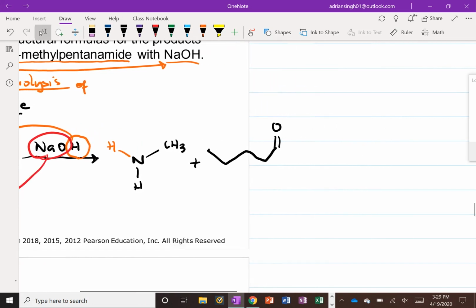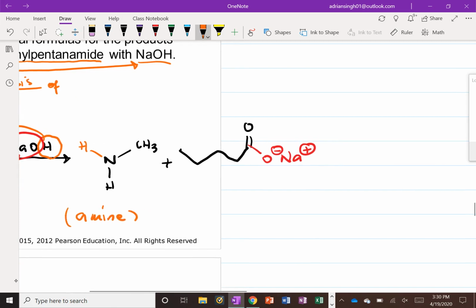All right, and in order to make it a salt, it's going to be the O minus, and then we're going to have that Na plus attached to it. All right, so our products here end up being the amine, and we also get the salt of the carboxylic acid.